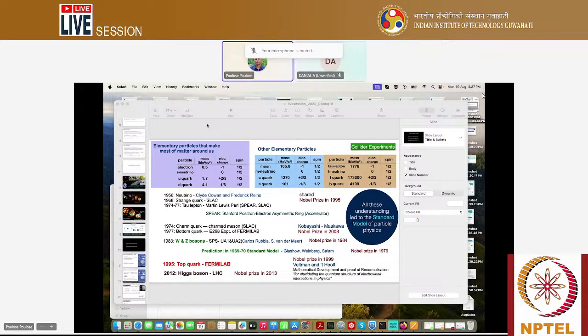So if you produce a top quark and anti-top quark, before they get time to combine, or to pick up other quarks and form bound states, they decay. The decay time is so small for the top quark that it is going to decay before it actually combines.